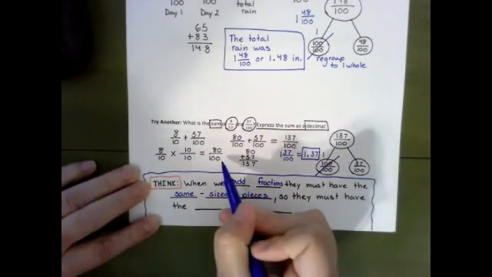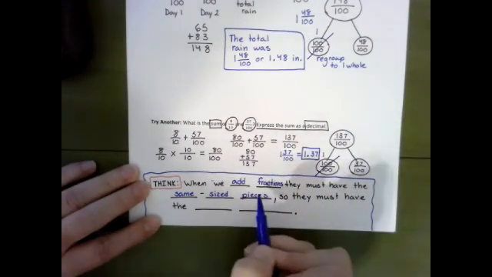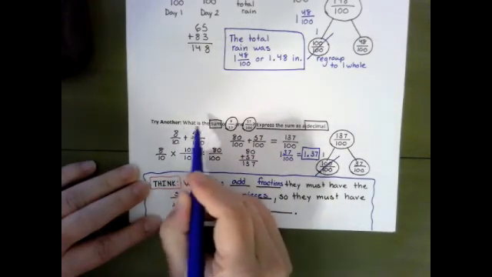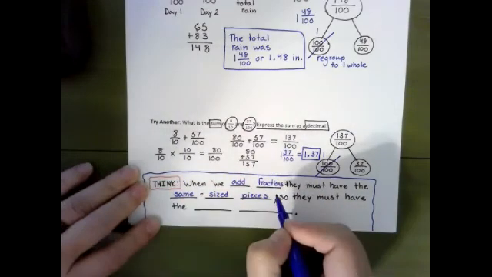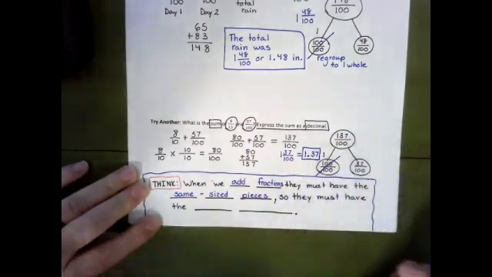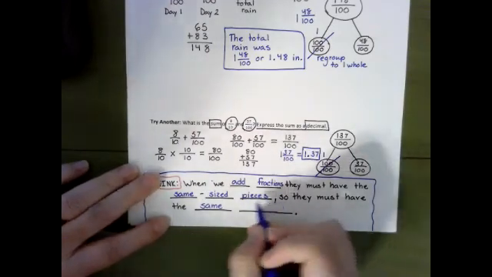Remember, our denominator tells us the size of the pieces. So when we add fractions, they must have the same size pieces. Tenths add to tenths, hundredths add to hundredths. That means they must have the same denominators.